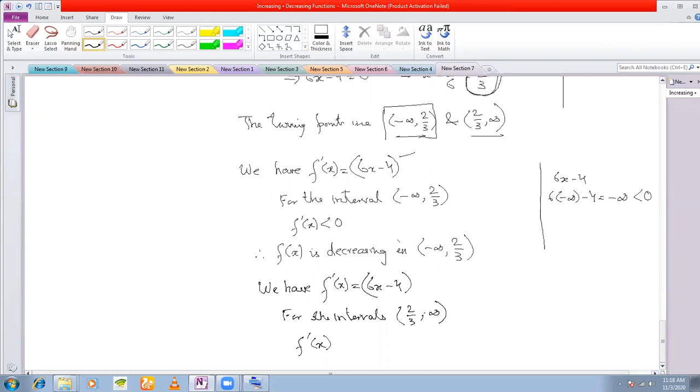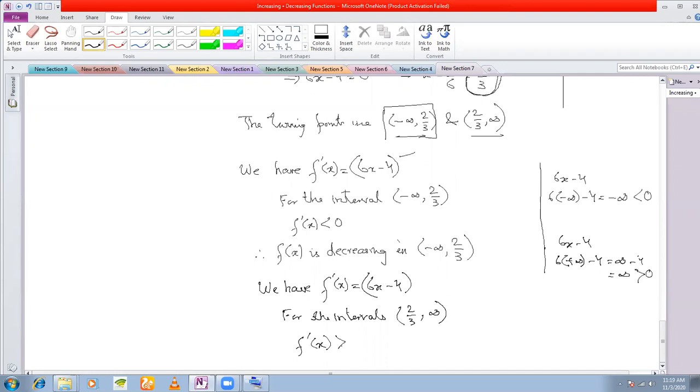Take any value between 2/3 and infinity. Take plus infinity only. 6 into plus infinity minus 4 is infinity, which is positive.